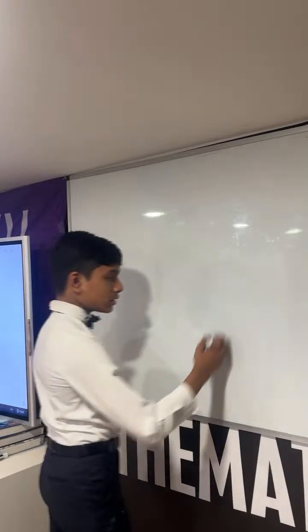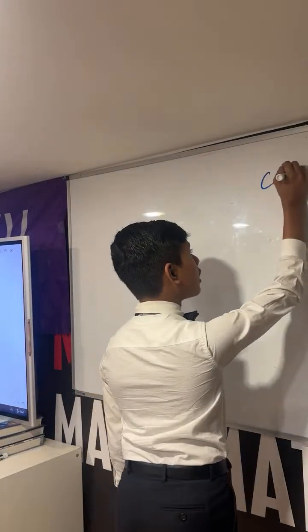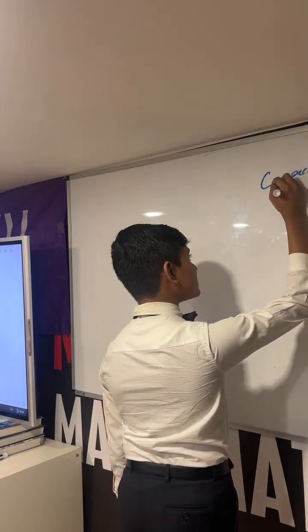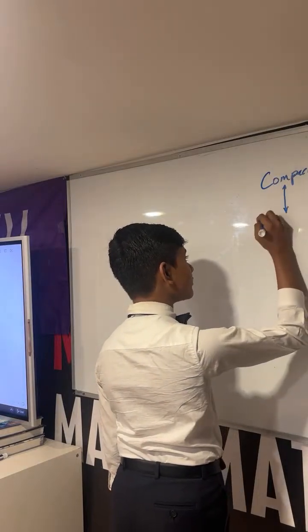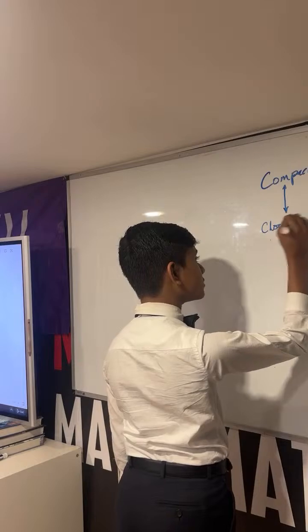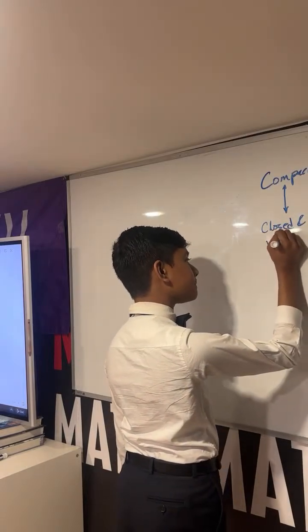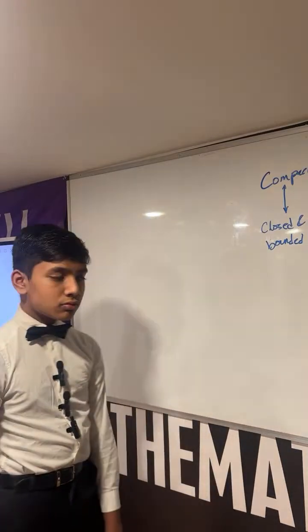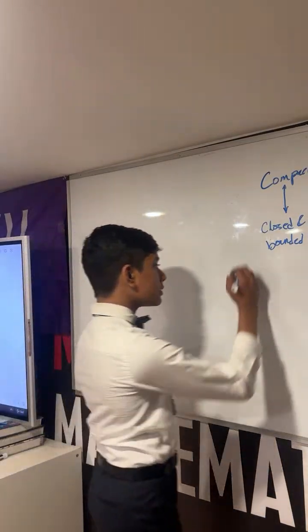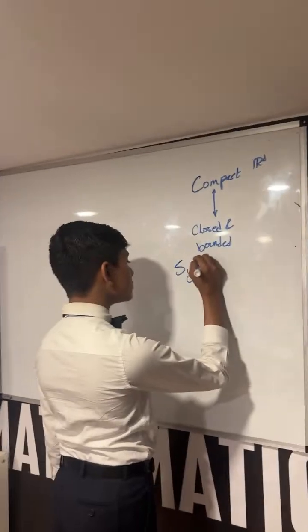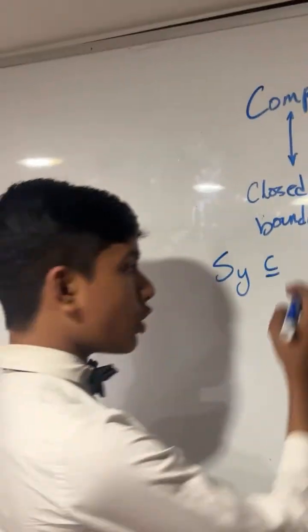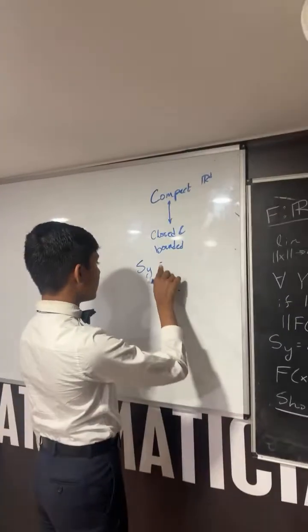So compact on RD implies what? Well, this on RD is equivalent to the statement of being closed and bounded. So, what does this mean? Well, Sy is part of some larger set.